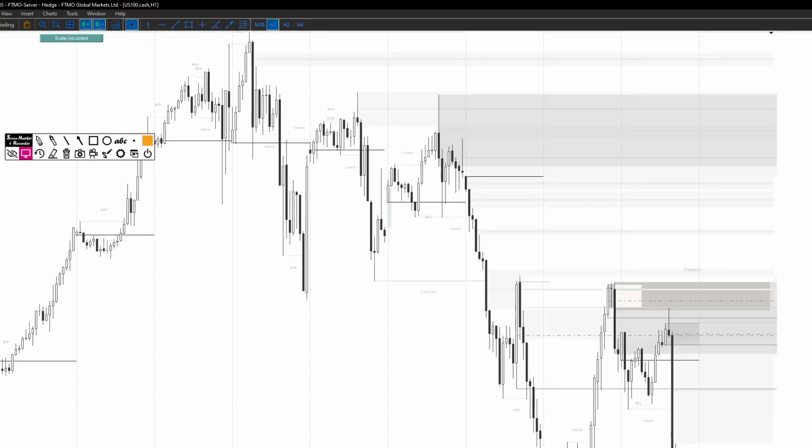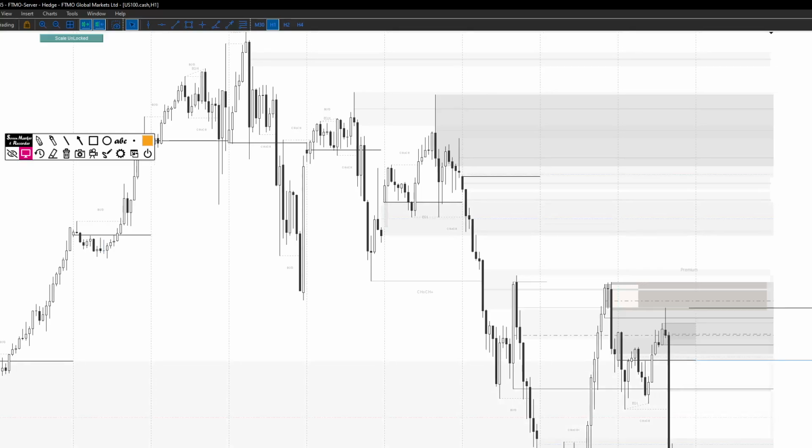We opened up right here, went up, came down, ran the previous daily low from early out, came back up, couldn't get any continuation to go higher, and then we just rolled over and sold off for the majority of the day until the PM session where we caught this bounce.